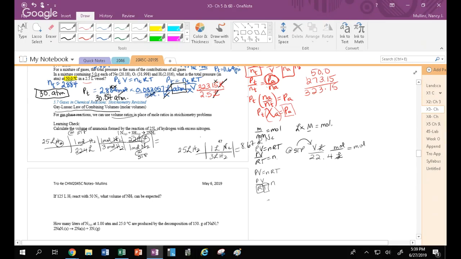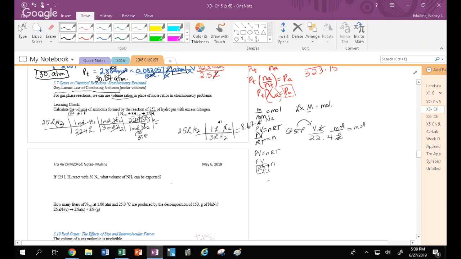Now I can do it in 1. So Gay-Lussac's law says if I am talking about a reaction, they're all in the same vessel under the same temperature and pressure conditions. Therefore, their moles and volume should be consistent. So they should be proportional. So I can do a quick stoichiometry if I happen to have volume.